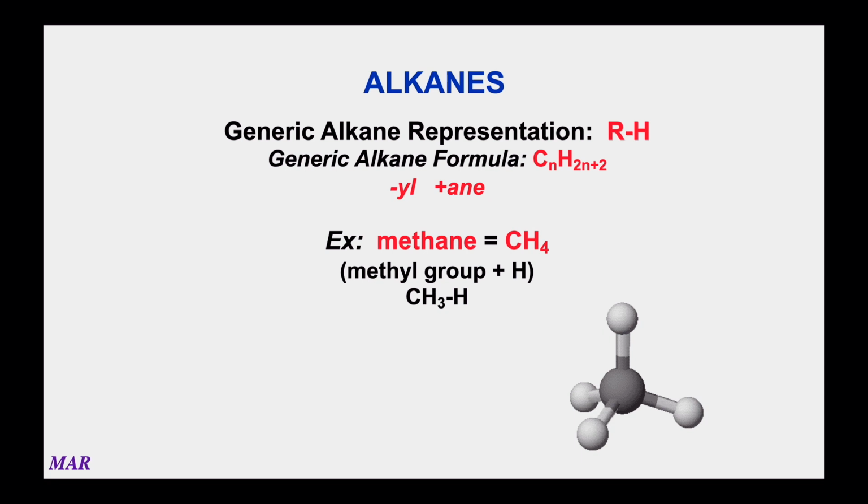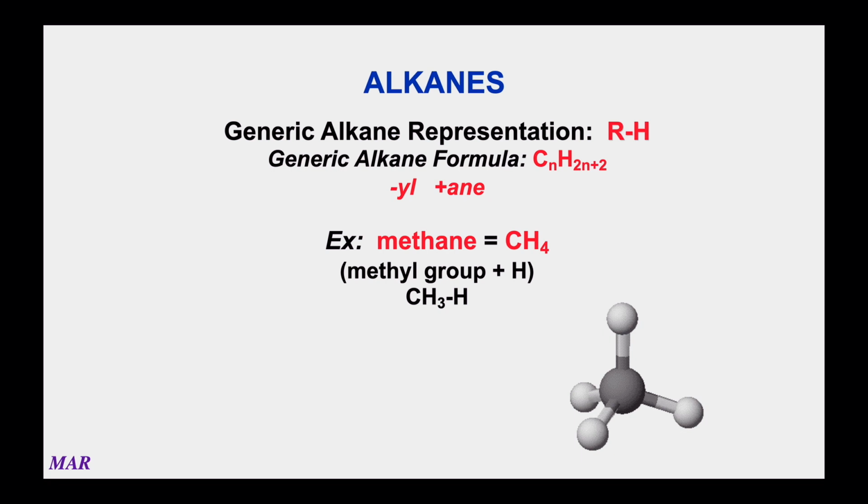And to name an alkane, you take the alkyl group, you subtract the YL, and you add ANE to the end of it. So let's look at the simplest alkane, which is methane. Methane comes from a methyl group. So if you take the YL off the methyl, you get meth, and it's not that kind of meth, all right? It's just a meth group.